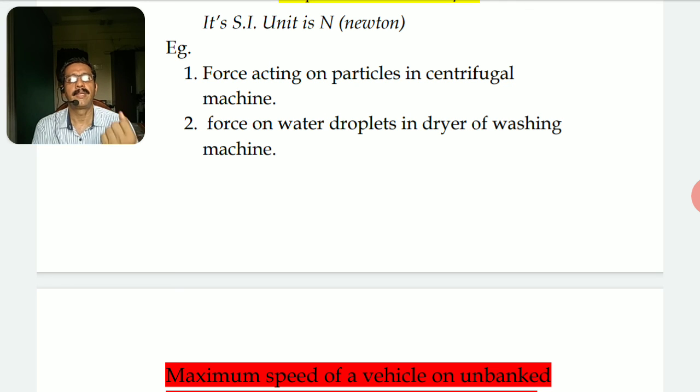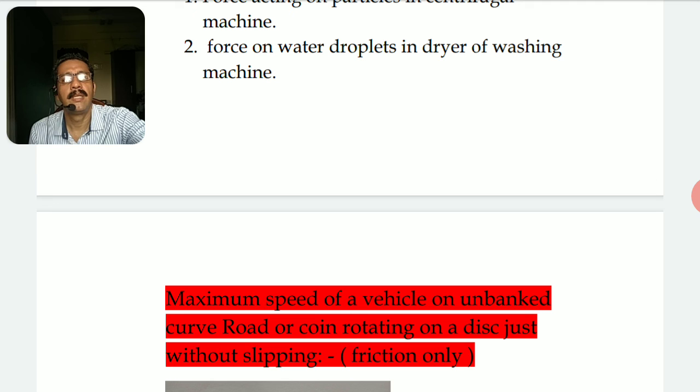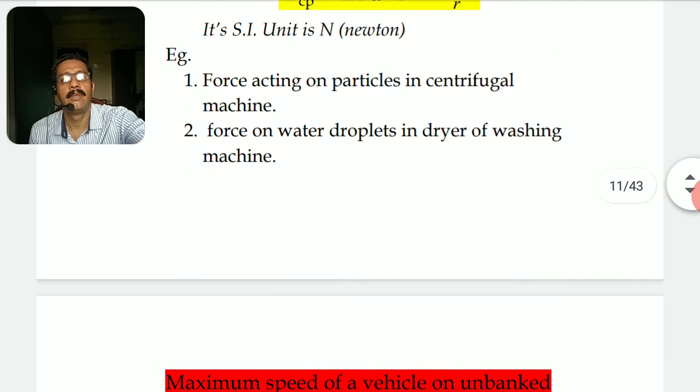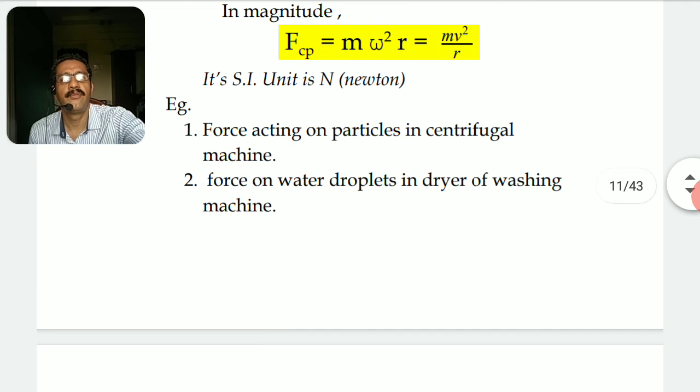So that's a centrifuge machine. A very common example that we all know is water droplets being thrown off in a washing machine dryer. That's basically the principle on which the washing machine dryer works, the principle of centrifuge or centrifugal force.